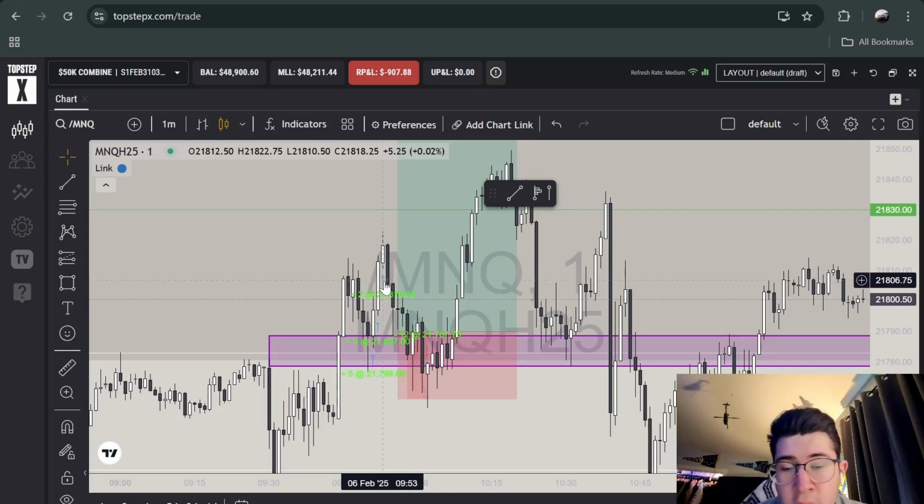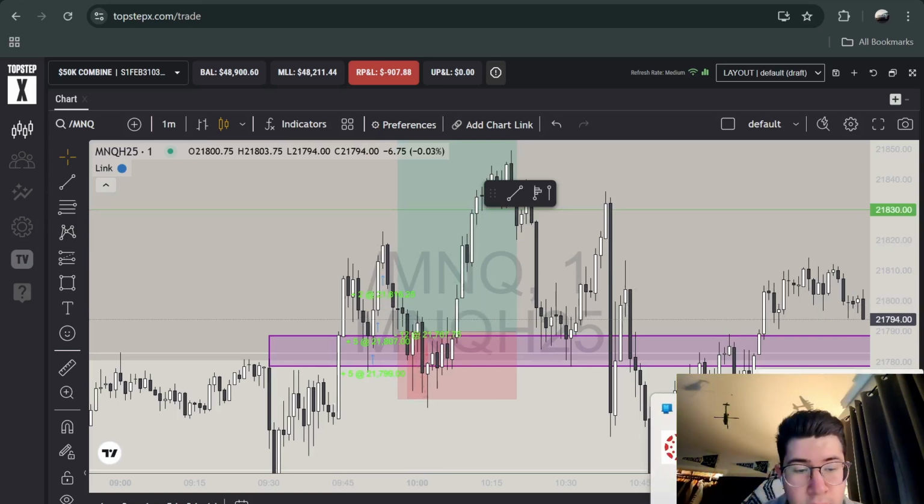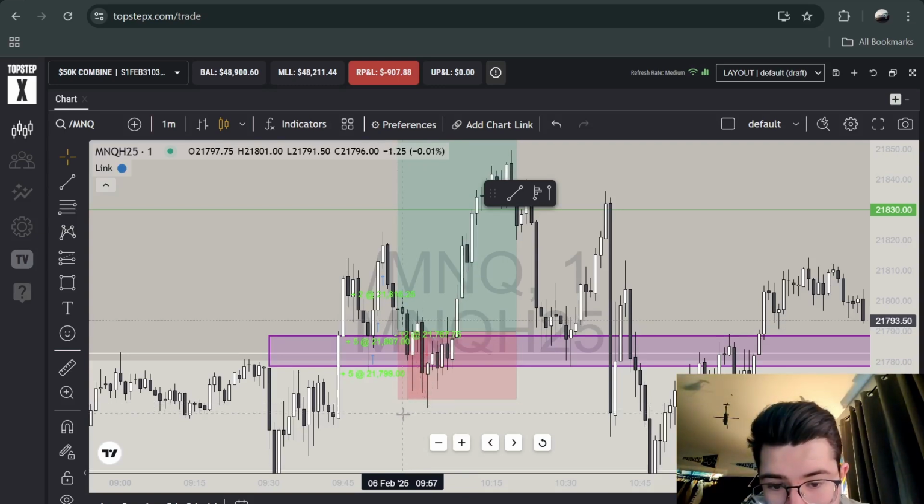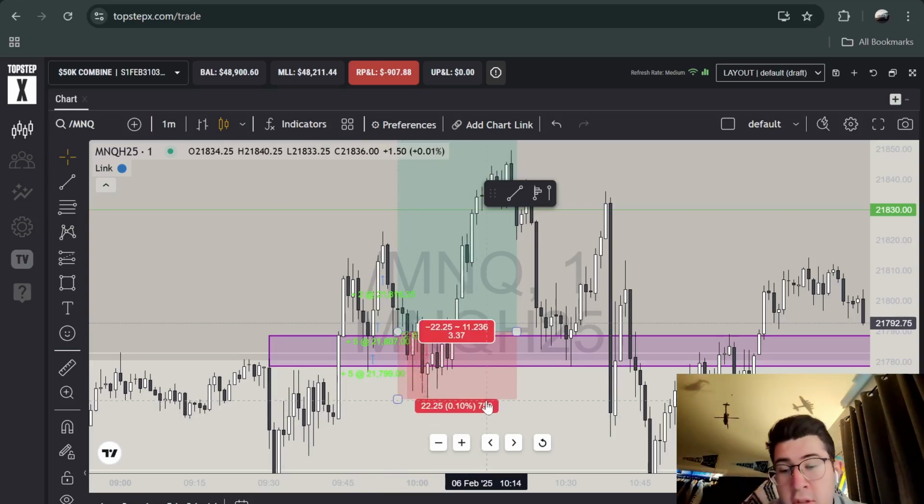But yeah, price was going up, and this is the London highs, this green line, and price came back down, and you could see we got literally wicked out of our stop, and that's honestly just unfortunate because we stuck to everything that our model said, and our price target was hit.